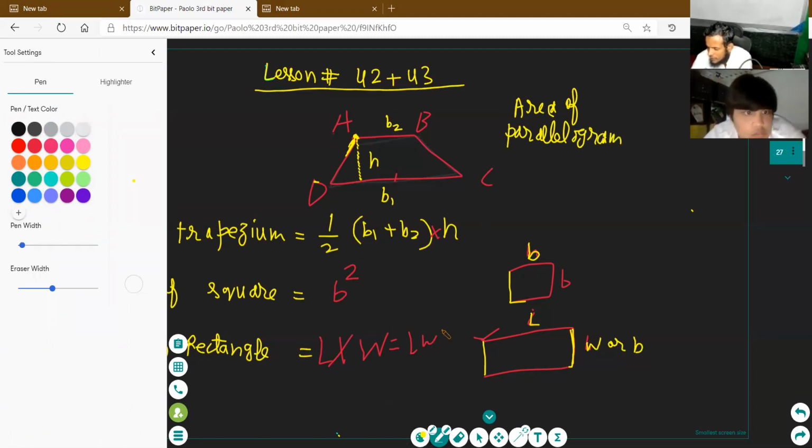What is the area of a parallelogram? Make one parallelogram.